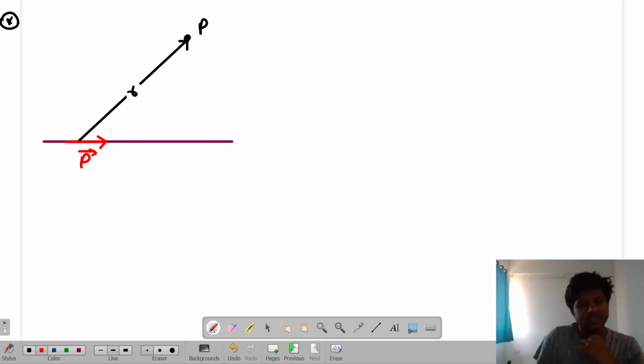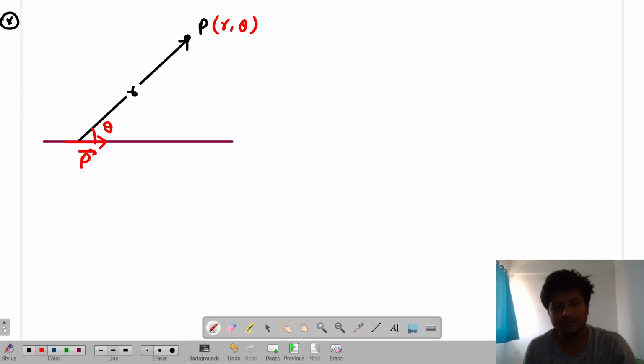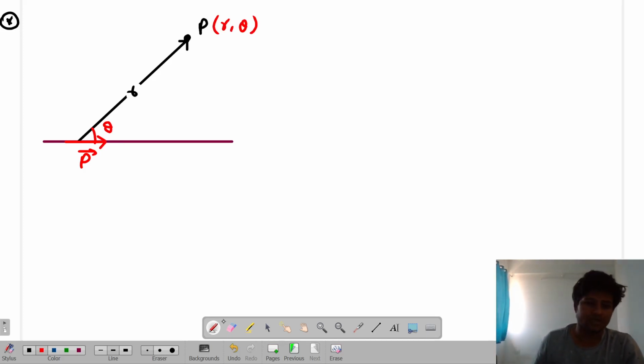So I'm not representing with respect to charge. I'm just representing as p vector. Are you able to get me? And then this point will be at some angle theta with respect to the p vector. So it will have coordinates r comma theta. Is that clear? Now over here, one minute, let me write it in a perfect way.